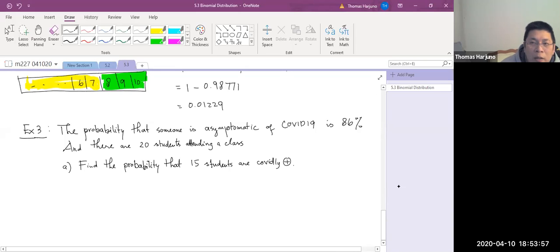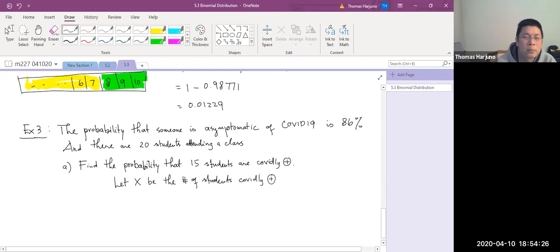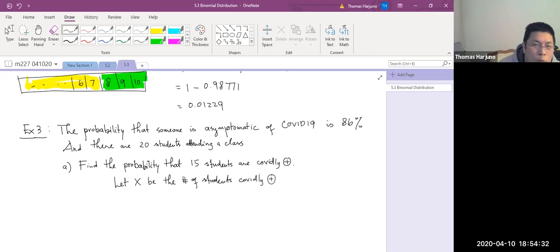Let's start with some notation. You don't need to show this notation in your test, but I will write it here for clarity. Let X be the number of students who are COVID positive. If you don't know whether you have it, but you don't have any symptoms, the probability that you actually have it is 86%.